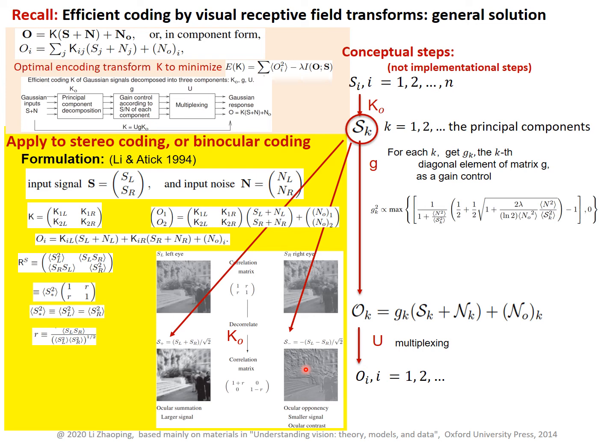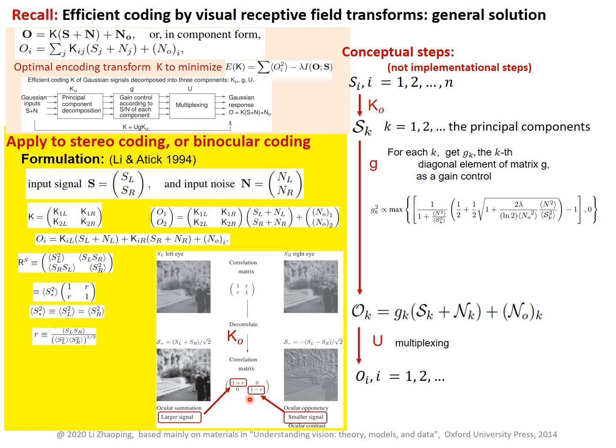The summation signal naturally has a larger input power, since the inputs from the two eyes are correlated, so when you sum them up, it's stronger. This input power corresponds to the first eigenvalue of the correlation matrix. The difference channel signal has a weaker power for the same reason, because you are subtracting two correlated signals from each other, and this input power corresponds to the other eigenvalue.